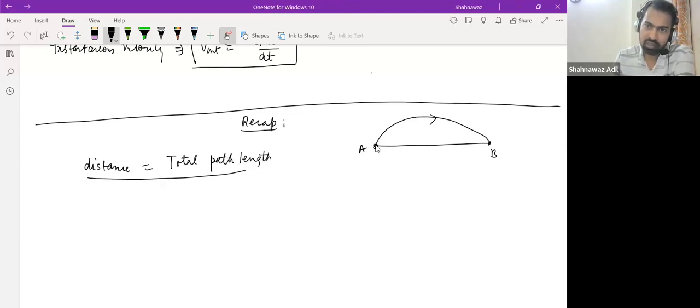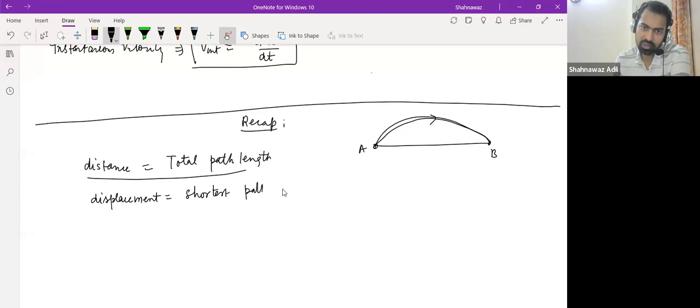This is the distance. And displacement is what? I'm just quickly recapping, I'm not talking about it in detail. So displacement is the shortest path between 2 points.